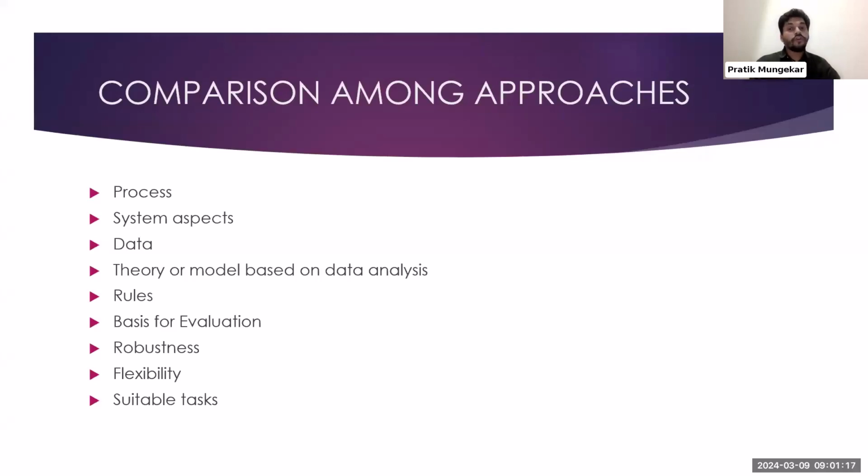Then rules. For symbolic approaches, the rules construction stage usually results in rules with detailed criteria of rule application. For statistical approaches, the criteria of rule application are usually at the surface level or underspecified. And for connectionist approaches, individual rules typically cannot be recognized. Then, basis for evaluation.